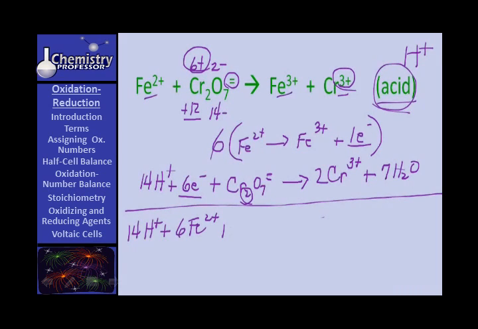And we have a dichromate, and that is going to produce 2 chromic ions and 6 iron ions and 7 waters.